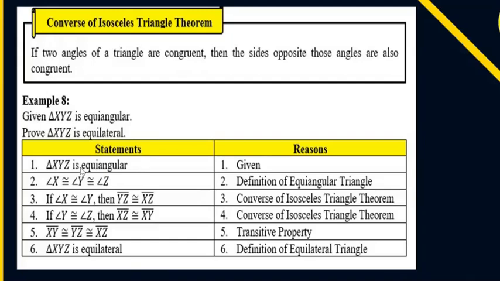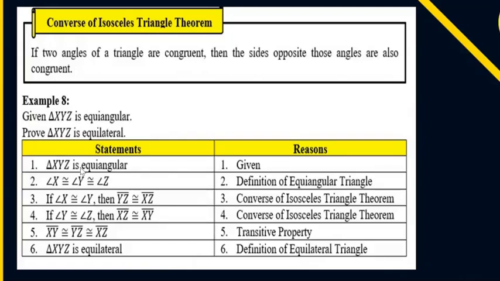So this is the converse of the isosceles triangle theorem. Triangle XYZ is equiangular, given. Therefore, angle X is congruent to angle Y and congruent to angle Z, by definition of equiangular triangle. If angle X is congruent to angle Y, then segment YZ is congruent to segment XZ, by the converse of the isosceles triangle theorem.